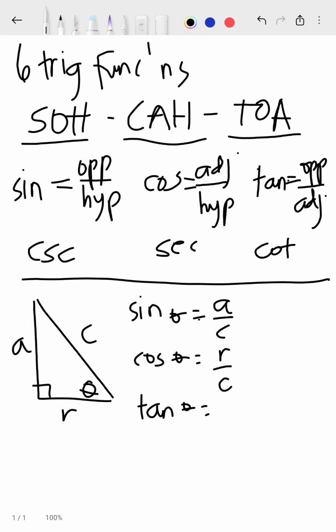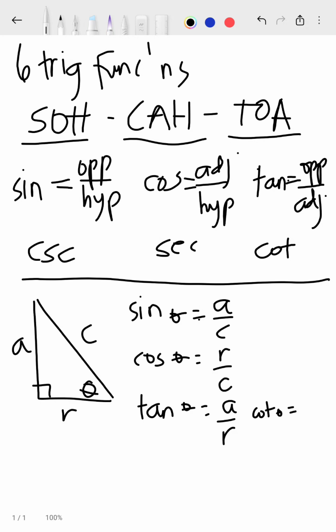Next, how about tangent theta? Tangent theta, ang sabi natin sa ratio niya, opposite over adjacent. So, ang opposite ni theta ay A. Ang adjacent niya ay R. Very good. Then, hanapin na natin yung mga reciprocal nila. Sino ang reciprocal ni tangent? Cotangent. Si cotangent theta, babaliktarin mo lang to.